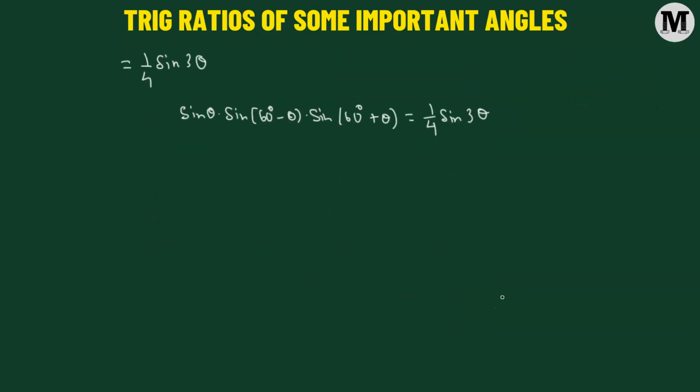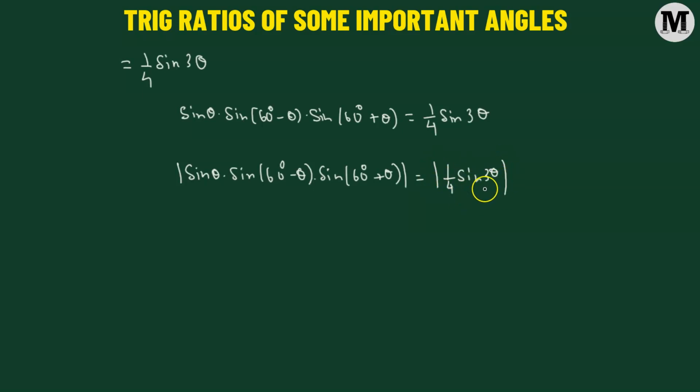Okay, fine. Now we'll take the absolute value on both sides to get the absolute value of sine theta times sine 60 degrees minus theta times sine 60 degrees plus theta. This will be equal to the absolute value of 1/4 of sine 3 theta.